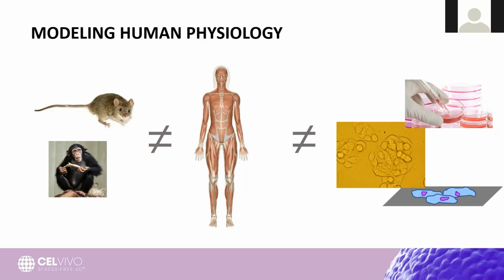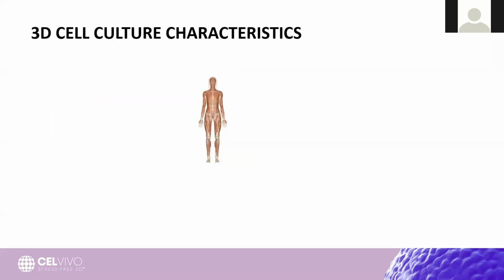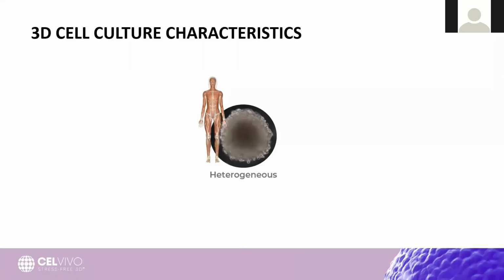So let's have a look at some of the 3D cell culture characteristics. And today I will focus on human samples. So we have this human here in the center. And of course, a human sample is heterogeneous. If you take a look at a liver, for instance, the cells are going to experience different nutrient and gas exchange on the outside of the liver than on the inside, because there are going to be diffusion gradients between.